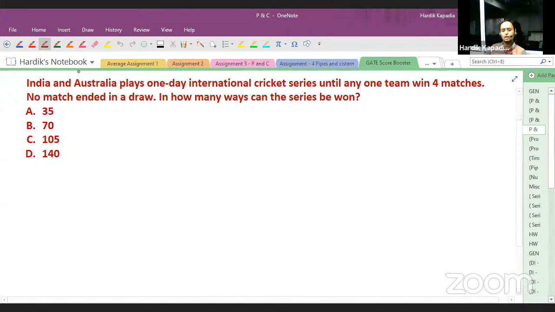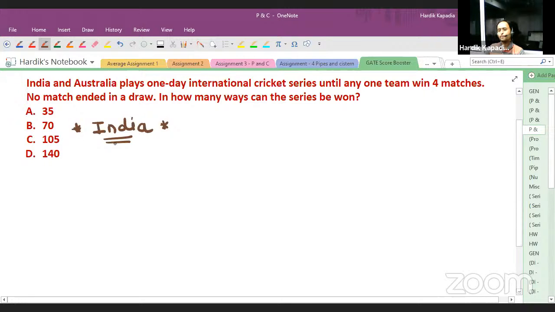Fine. So India and Australia play a one day international cricket series until any one team wins 4 matches. Like yesterday, India won with the help of Ravindra Jadeja and the substitute player, Yuzvendra Chahal.